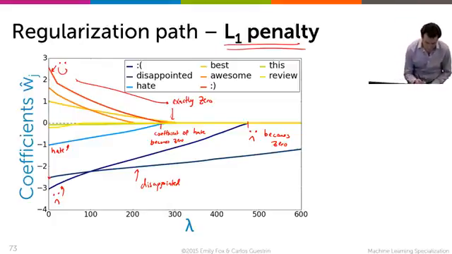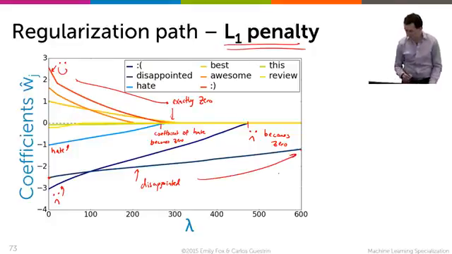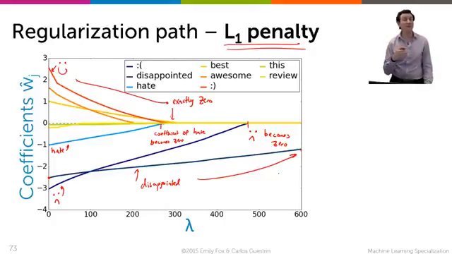In the beginning, the coefficient of disappointed is not as large, so it's not as significant as the frowny face, but it's the one that stays negative for the longest. Disappointed is probably prevalent in more reviews, and when you say disappointed, you're really in a negative review. That coefficient goes on for a long time.